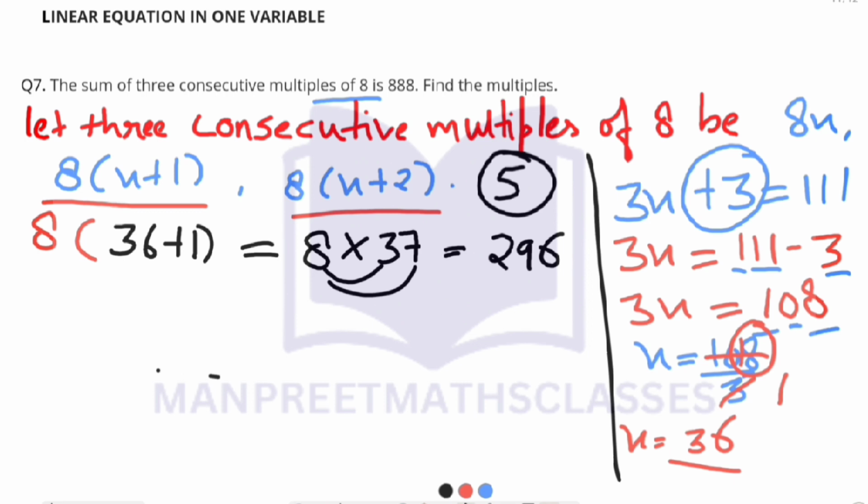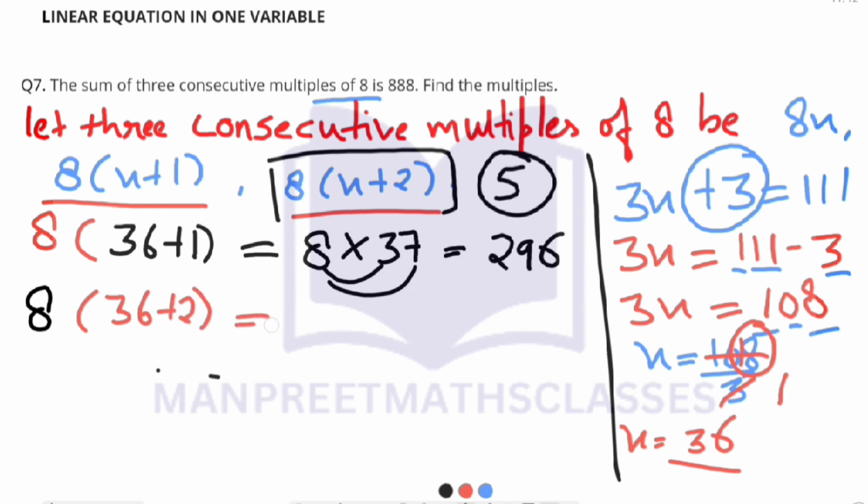So 296 सेकेंड नंबर है. अब हम थर्ड नंबर की वैल्यू फाइंड करेंगे 8. So in place of x we'll write 36 plus 2. So 8 multiplied by 38. Now we'll multiply it. 8 8 is 64, 6 carry, 8 3 is 24 plus 6, 30.